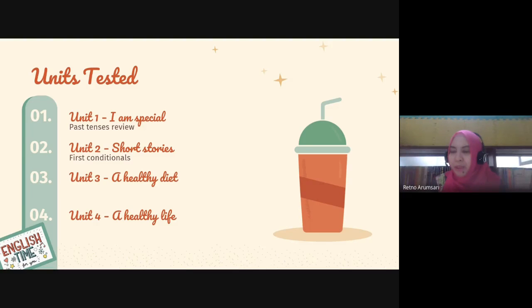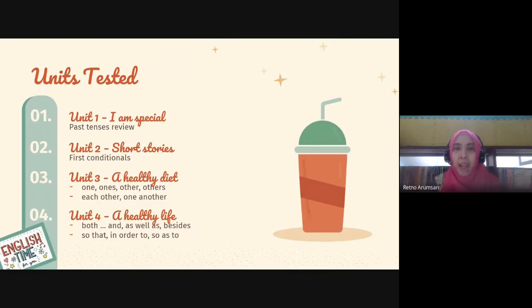Unit 3 is about one, one's, other, others, and each other, one another. Unit 4 is about both and as well as, besides, and so that, in order to and so as to, joining sentences together.